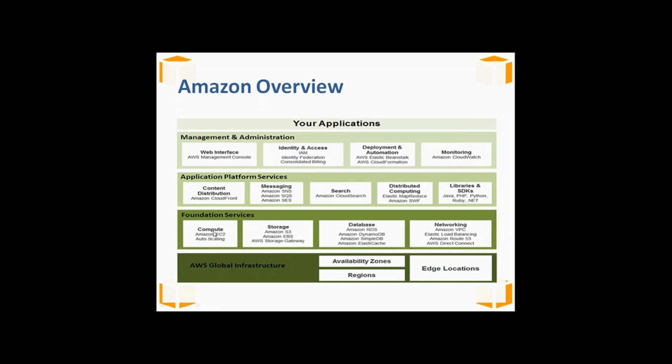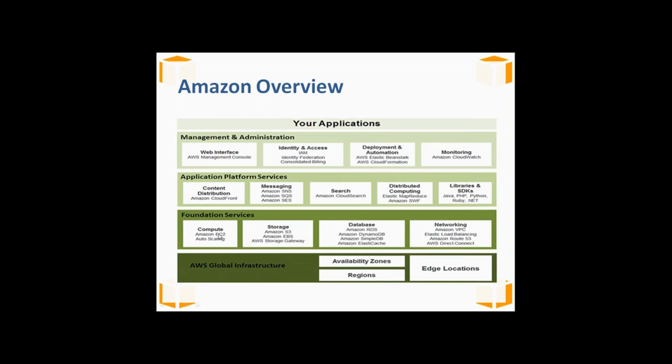Now the first one we're going to talk about is compute. The Compute Foundation Service is further divided into two. One is called Amazon Elastic Compute Cloud, in short EC2, and another is called auto scaling.